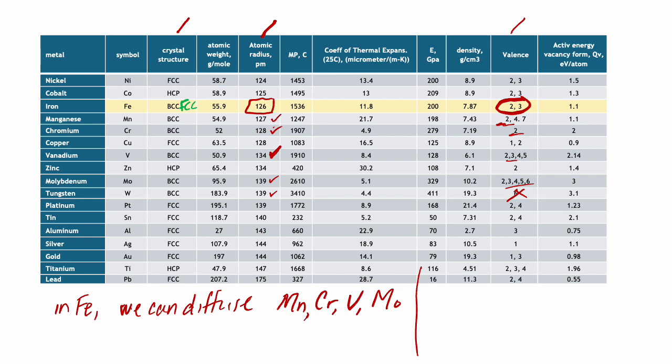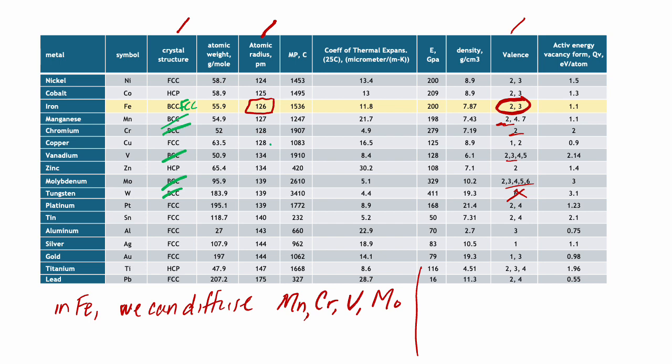So then now it isn't soluble in BCC metals. So we eliminate a different group. All right, so, and it's FCC state.